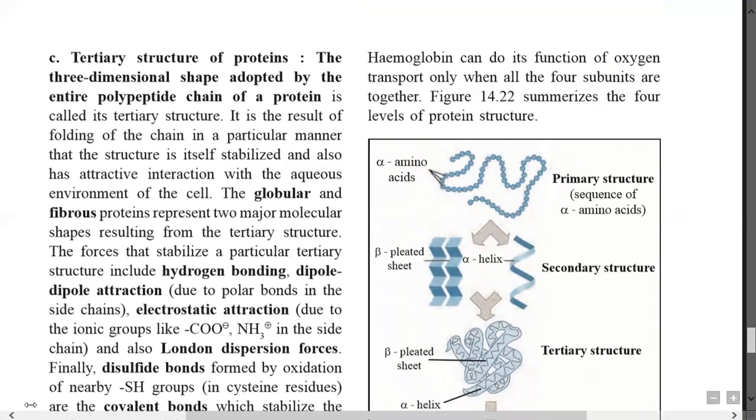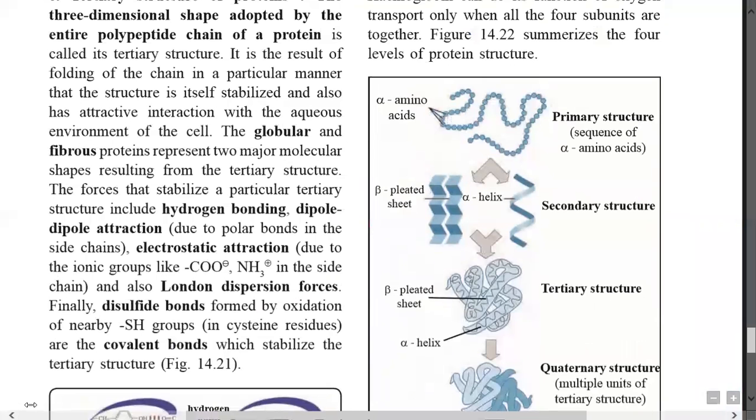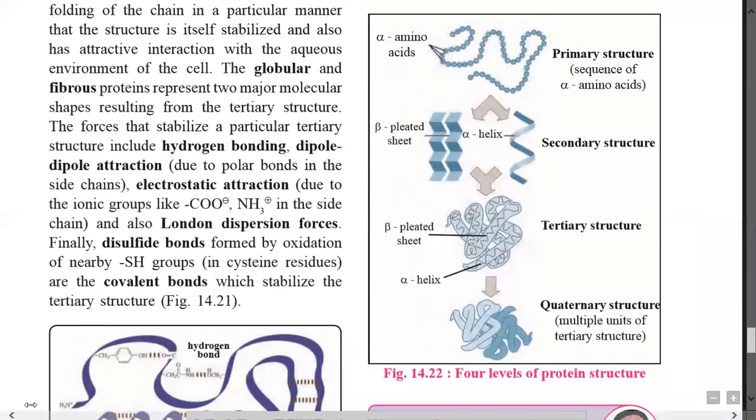This hemoglobin can do its function of oxygen transport only when all the 4 subunits are together. That is summarized in the 4 levels of protein structure: alpha amino acids, beta pleated sheet, again alpha helix.